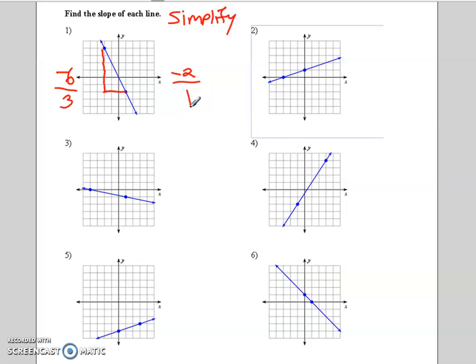So it's a negative slope because it's decreasing. And this means for every 2 units that you go down, you go to the right 1 unit. So let me mark this with green.